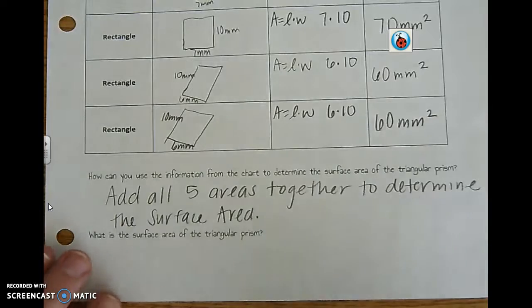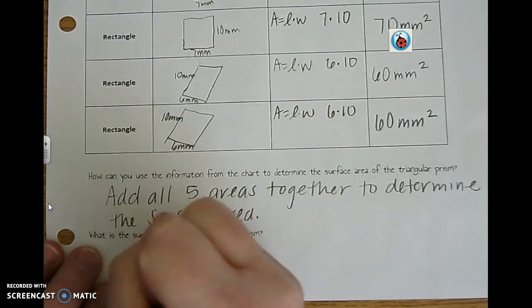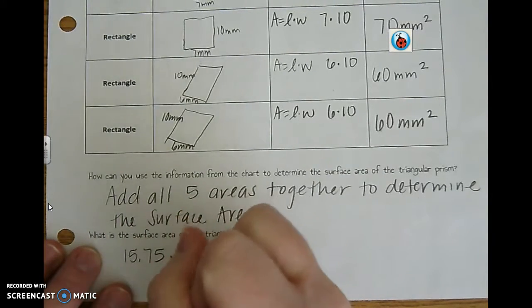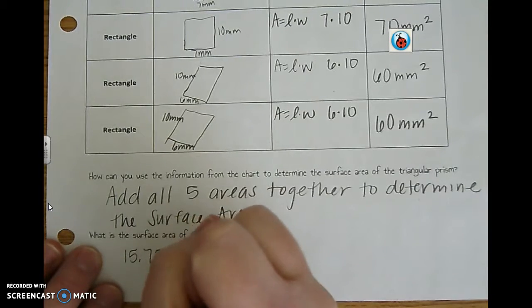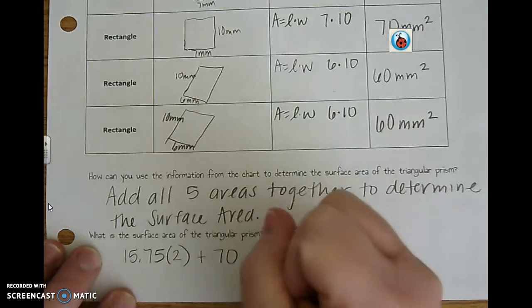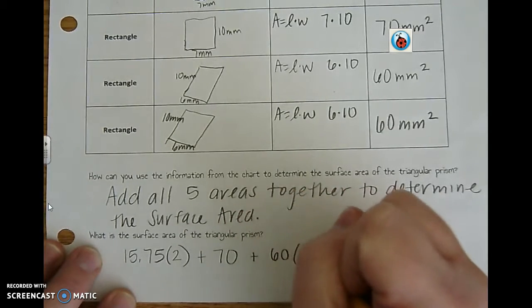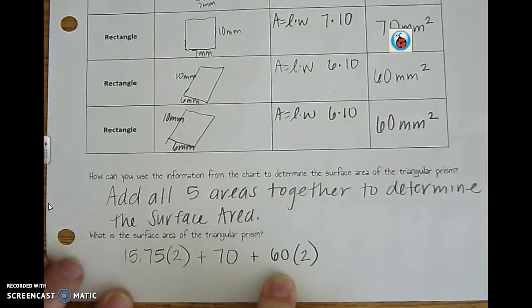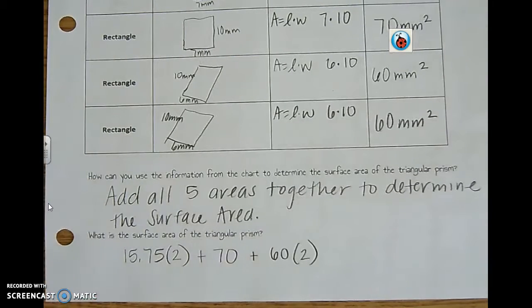So all of my measurements, all 5 areas, I have 15.75 times 2, because I have 2 of those, plus 70 plus 60 times 2, because I had 2 of those. So now I can add these together.